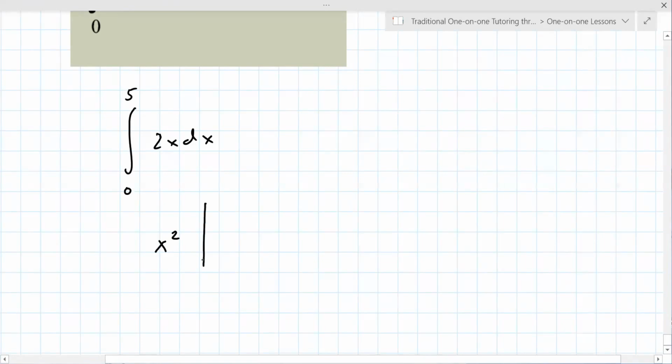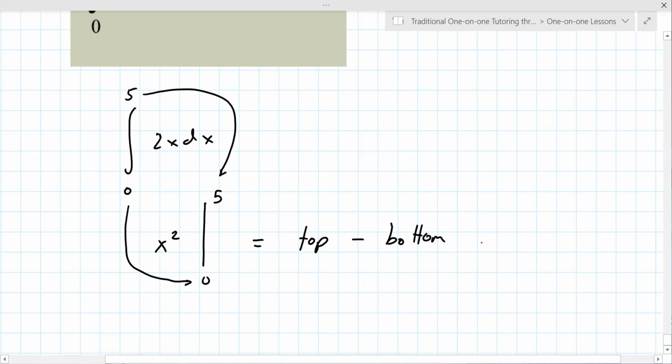You draw this line right here. Do you remember that from class? Yeah. And then 0 comes down here because it's the lower bound, and 5 goes there because it's the upper bound. Then you plug those into the x, top minus bottom. So it becomes 5 squared minus 0 squared, so 25. Yes.